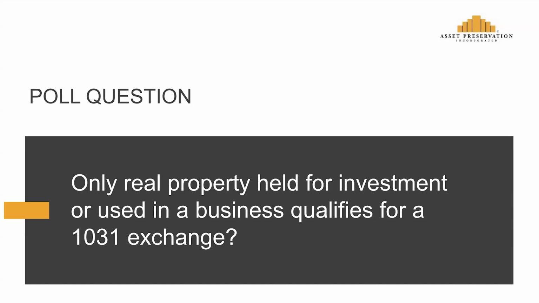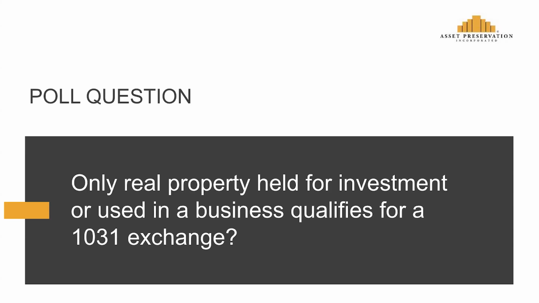That's real estate. What's interesting is up until January 1st of 2018, it was possible to do exchanges on real estate and also personal property. Things like heavy equipment, rental cars, construction equipment, tractors, aircraft used in business, etc. Today, after some changes in the tax laws with the Tax Cuts and Jobs Act, only real property qualifies, or what we call real estate.